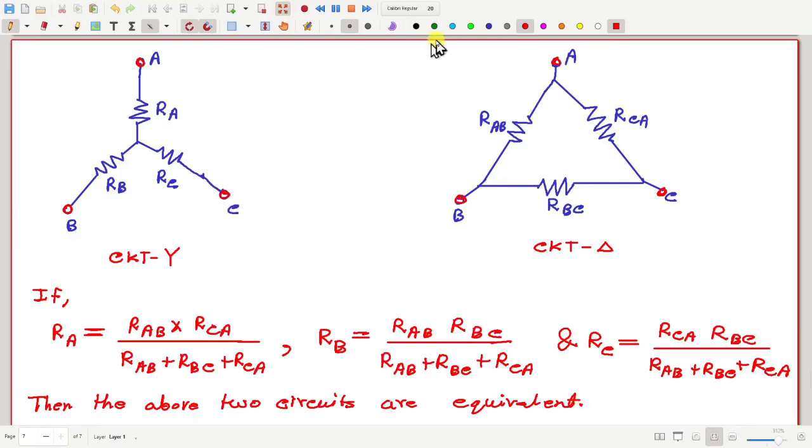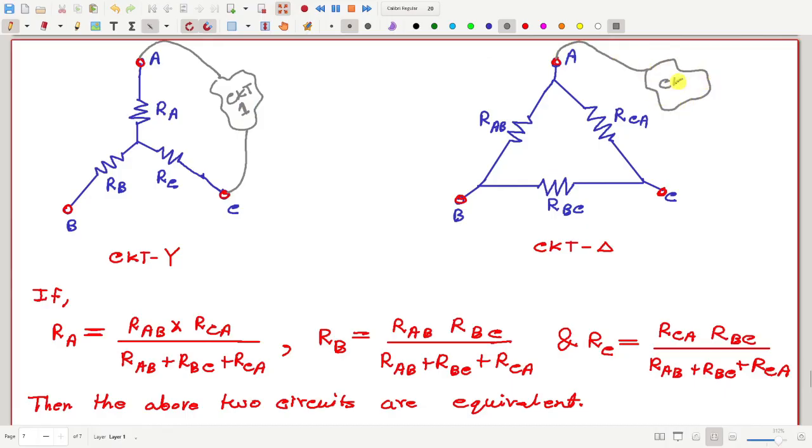I mean that, suppose you connect some circuit, call it circuit 1, between A and B, and the same circuit I connect here.